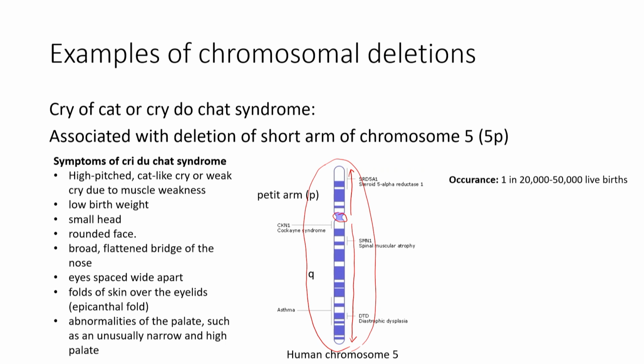Then abnormalities in palate, such as an unusually narrow and high palate. So, the mouth is narrow, palate is quite high. So, this is one example of the deletion.